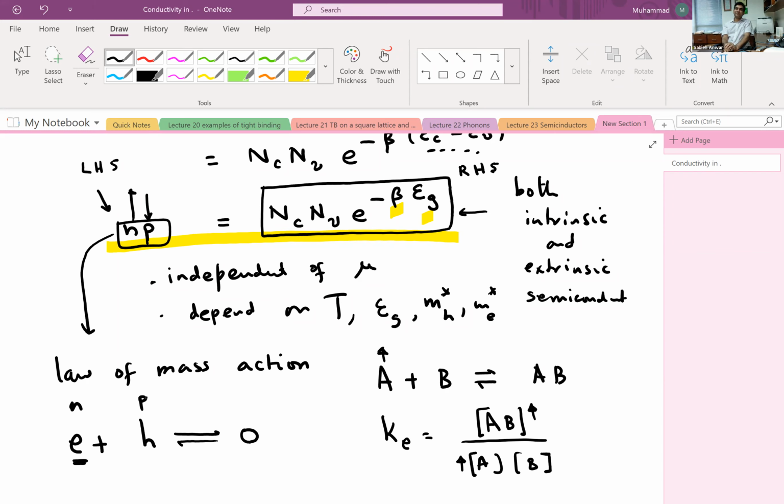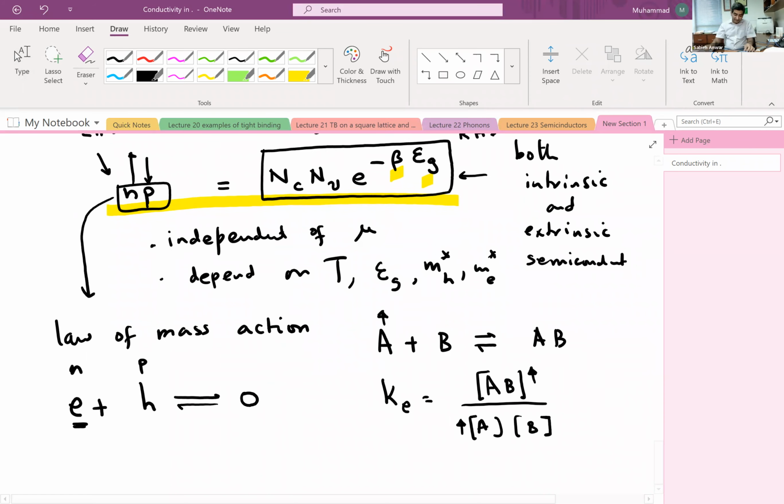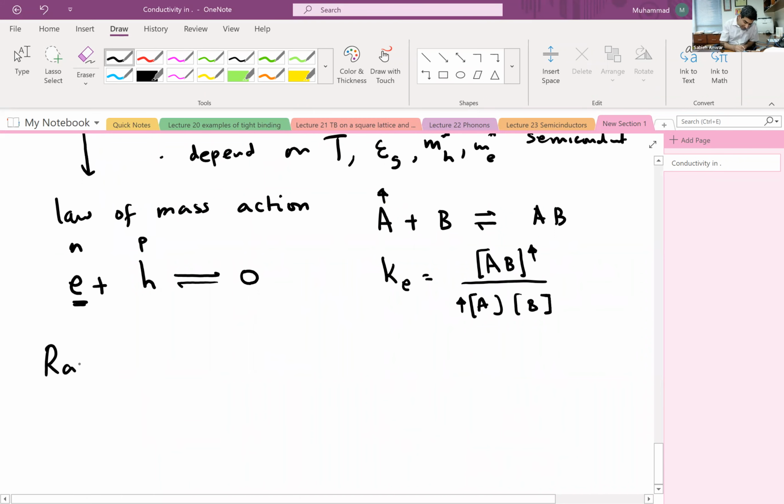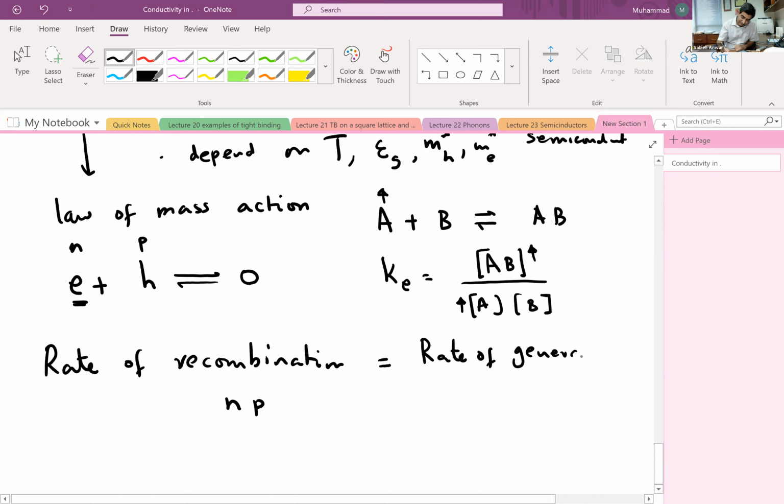Yes, sir. So the law of mass action really is showing an equilibrium situation. And it is showing that the rate of recombination, proportional to NP, is equal to the rate of generation purely by thermal means.